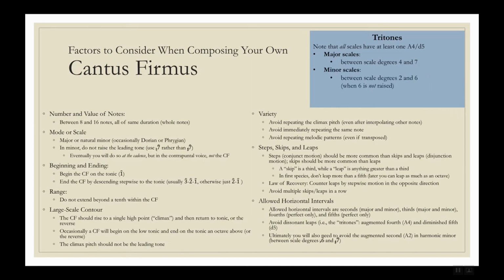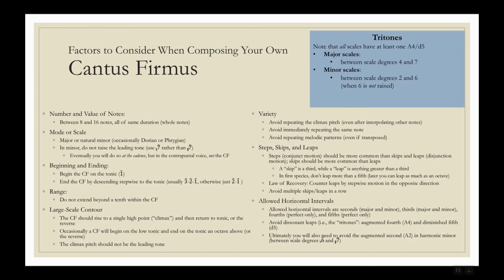If you are in a minor scale, there's two places you could find one: between scale degrees 2 and 6, when we're talking about either natural minor or harmonic minor. So I'm going to do this in A minor, and scale degree 2, and F, 6. So those are exactly the same notes as I was doing when I was in C major.